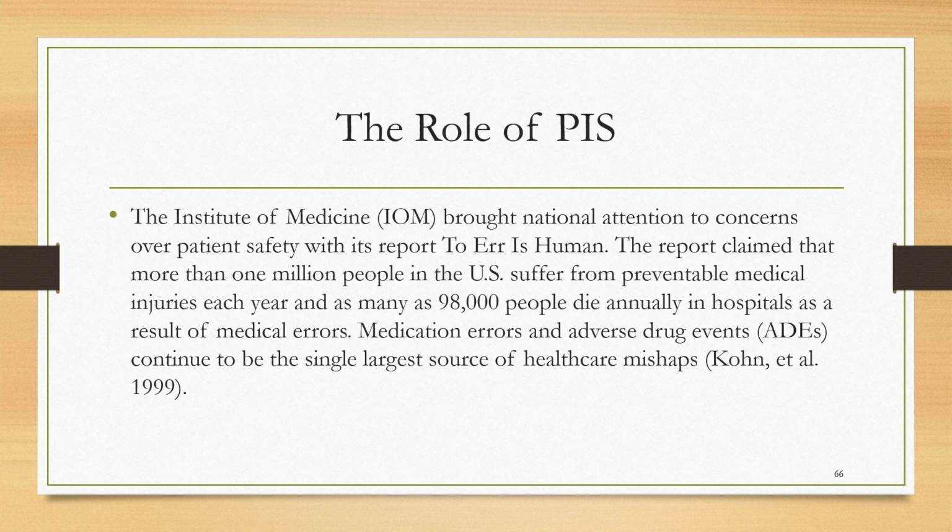Okay, so the pharmacy information system has a significant role in reducing these errors, reducing the cost of these errors on government expenditures, and also improving patient safety and healthcare quality.